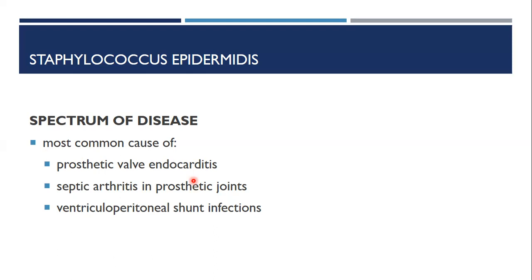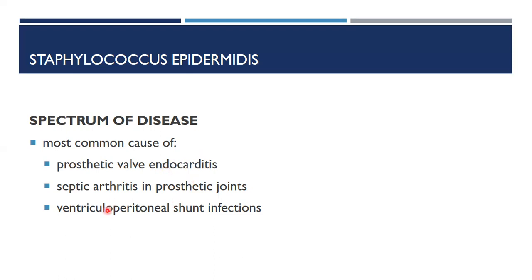And this glycocalyx actually functions as something that allows the bacteria to adhere to foreign substances, for example, your prosthetic substances. Okay? So they adhere to these substances, and then they form colonies there, eventually producing biofilm.